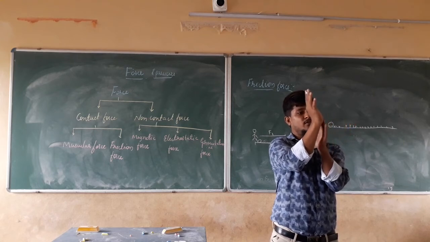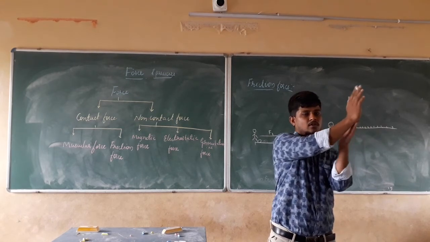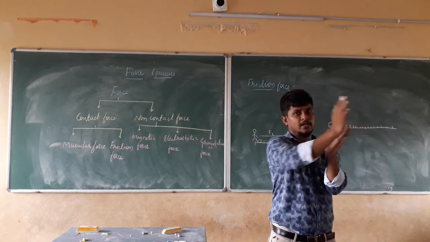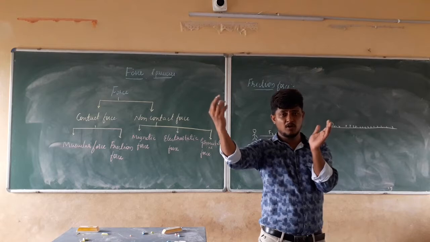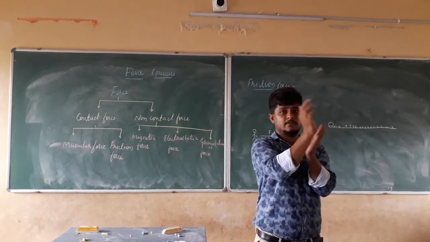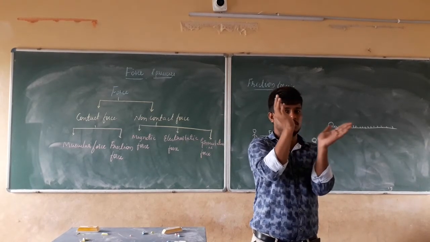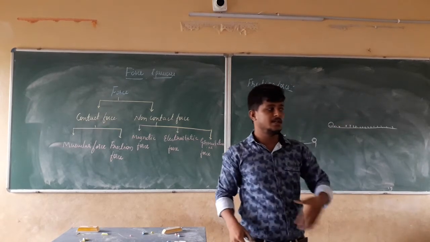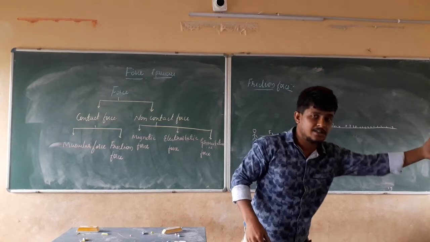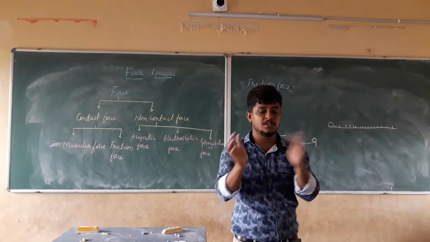The grass is going to oppose this. In the same manner, this is going to oppose, this is going to oppose. The ball which is moving with high speed, due to the opposition in the opposite direction, its speed is going to reduce. After the speed is reduced, at some point the ball is going to stop due to the grass.